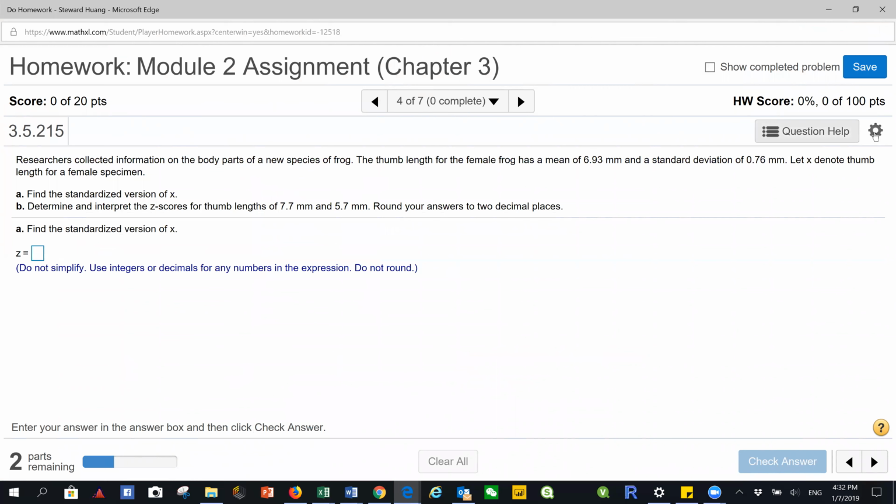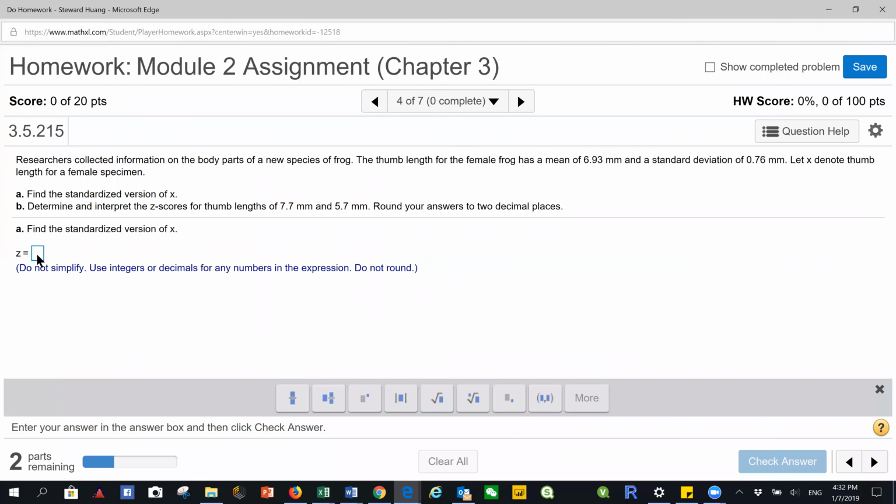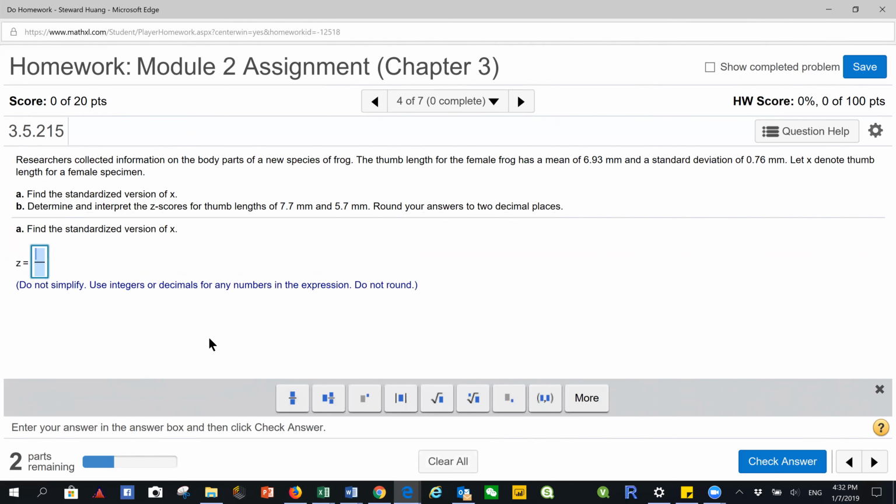Find the standardized version of X. You plug in X minus mean, right? Then plug in that mean and the standard deviation. That will be the answer. And then interpret the Z value for 7.7 and 5.7. You just plug those numbers into the formula twice. You get 2 Z values. That will be it. All right, easy.